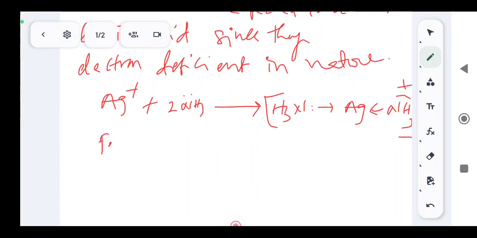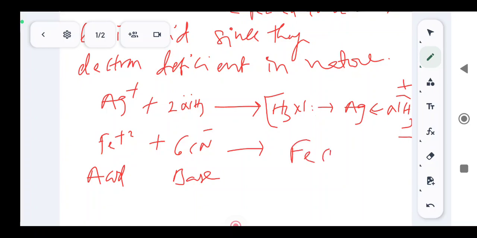Next, Fe 2 plus plus 6CN minus. So this is the acid, this is the base. It gives Fe(CN)6 4 minus. Here 6 negative charges, here 2 positive charges, remaining for negative charge is minus 4. So this is a complex compound.